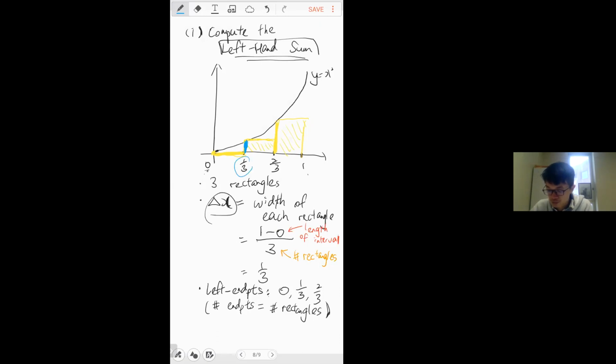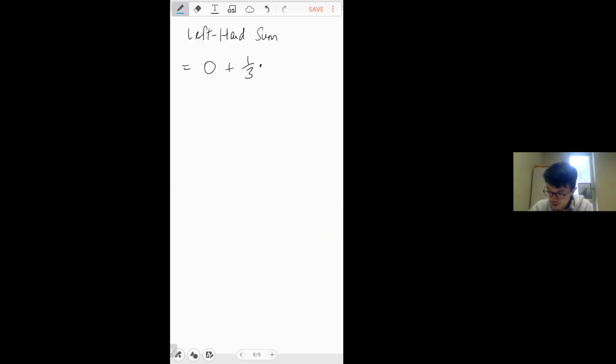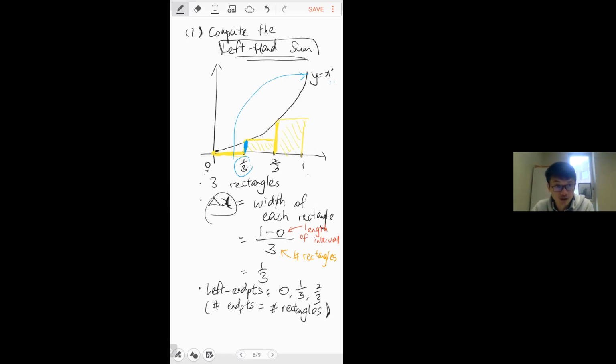So to compute the y value, you simply need to put 1/3 into the function. So if you put the left endpoint, which is 1/3, into the function, you're going to get the height. And in this case, it's (1/3) squared. Same thing for the last one. To compute the area of the last rectangle, you need to multiply the width by the height.